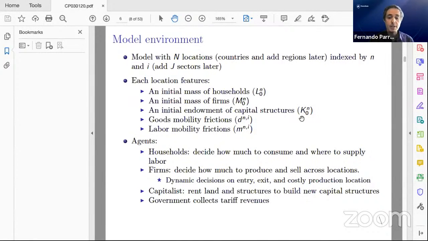There are going to be firms that decide how much to produce and sell across locations. And crucially, they're going to make dynamic decisions on entry, exits, and production location. There are going to be capitalists that are going to rent land and structure to build new capital structure. And there is going to be a government that is going to collect tariff revenues. So in what follows, I'm going to briefly go over the decision of each of these agents.